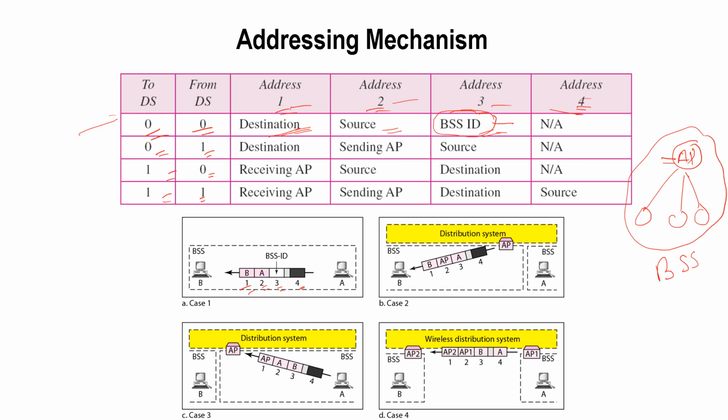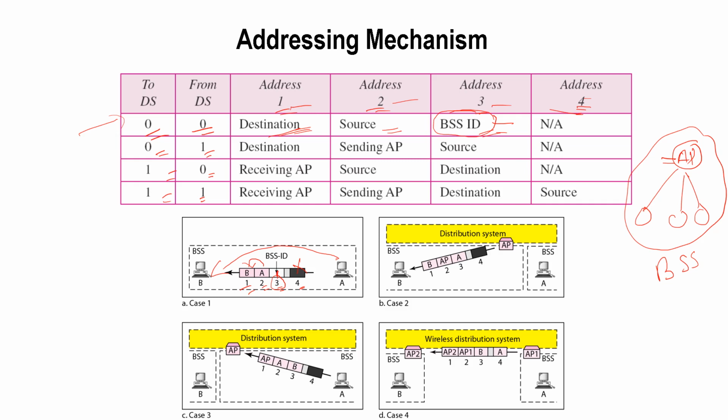The first row explains that 00 means this frame is not to a distributed system or from a distributed system, so it is within the same BSS. The frame is moving from A to B within the same BSS. So the AP ID or BSS ID is stored here, and the fourth field is not used.